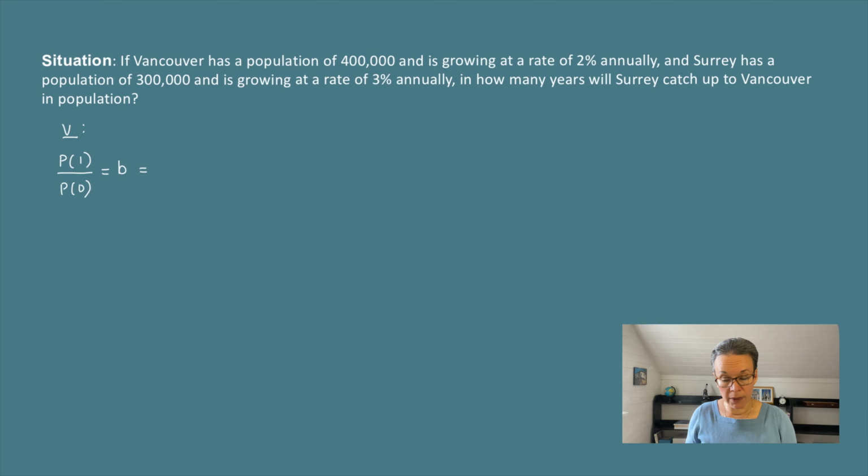And the common ratio will depend here on the 2% of increase, right? So every year, the population increases by 2%.